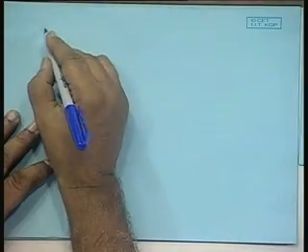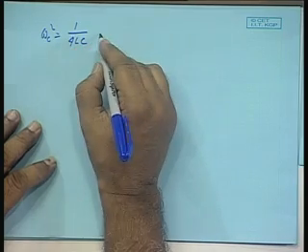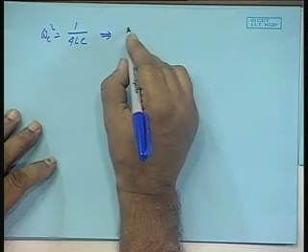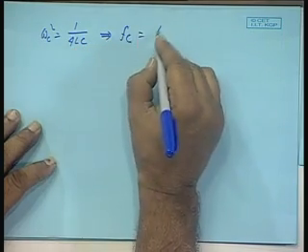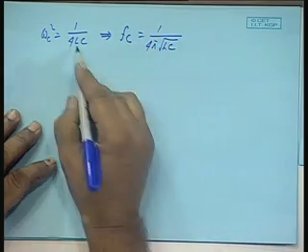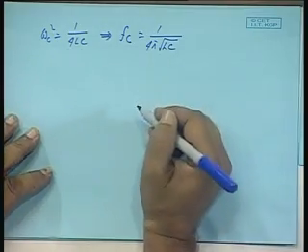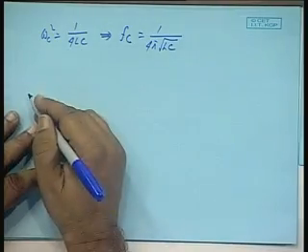So, omega C squared is equal to 1 by 4 LC. Basically, it gives me a frequency FC equal to 1 by 4 pi root LC. If I take the square root, it will be 2 root LC, and then 2 pi will make it 4 pi root LC.